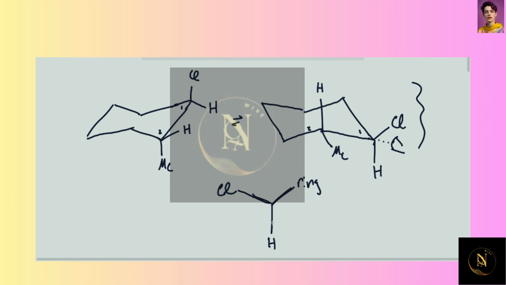And for the back carbon, I would have a hydrogen that's straight up. I would have a methyl that's down and to the left. And I would have the connection to the ring down and to the right.